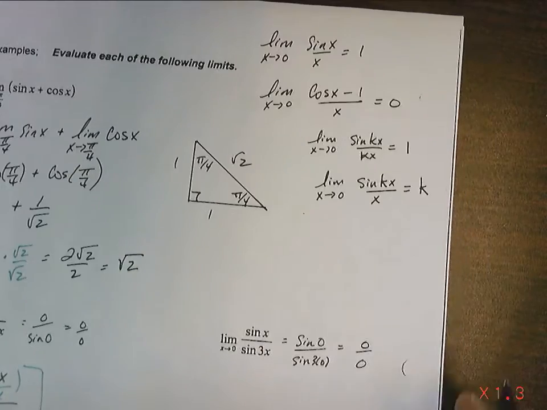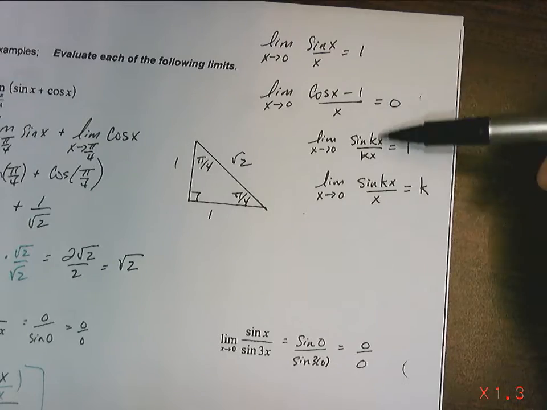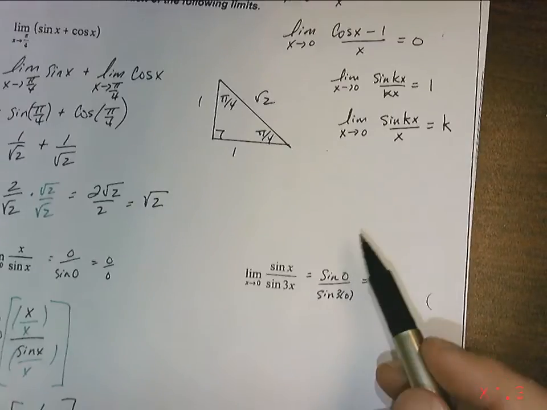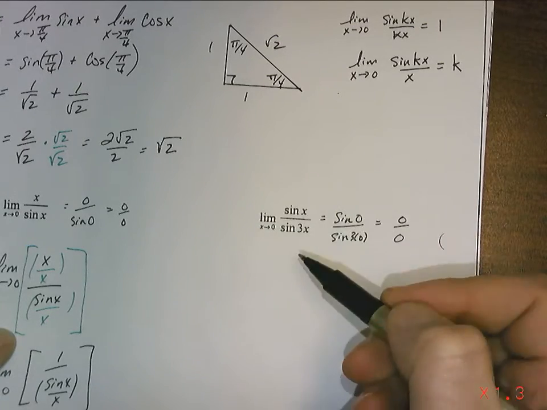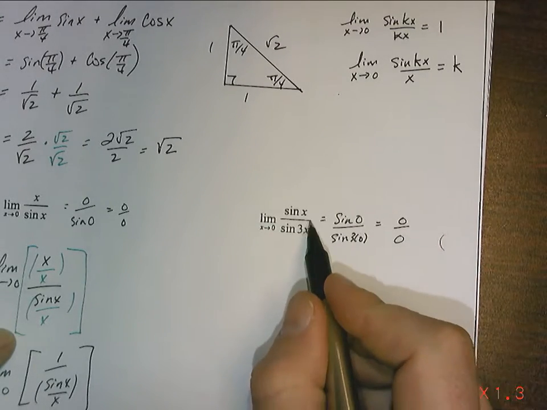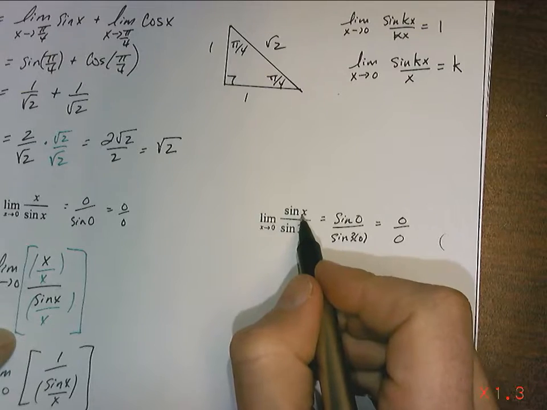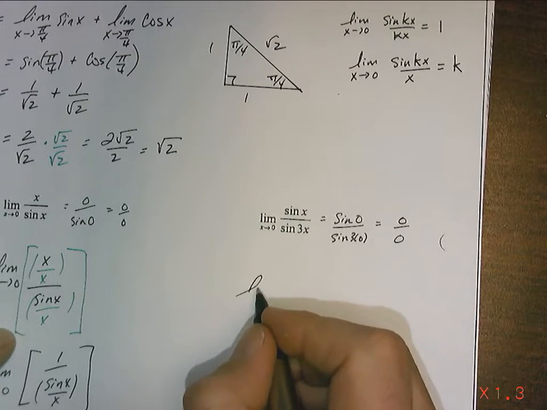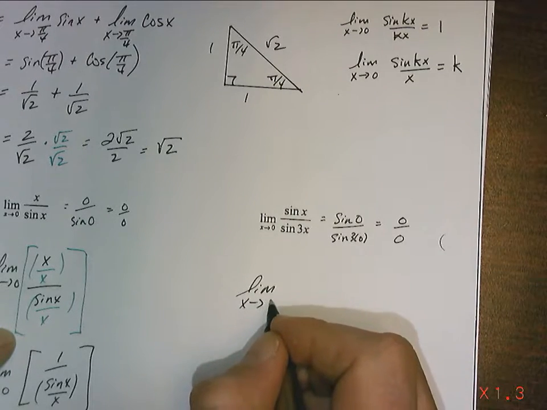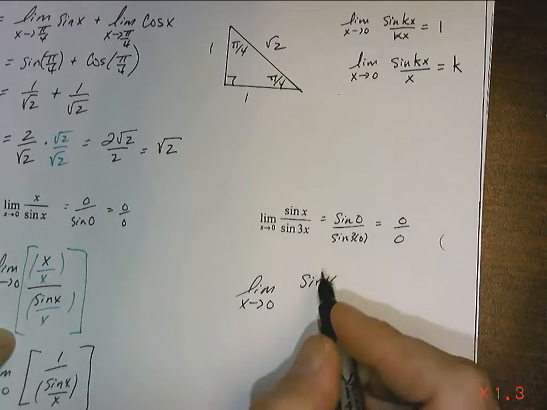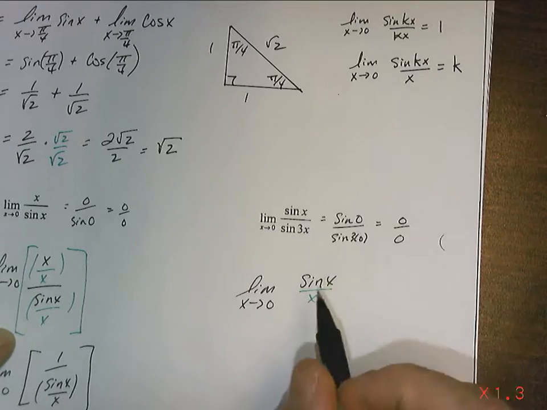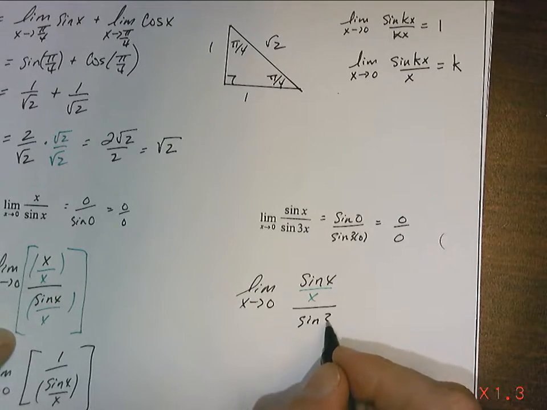Now, again, this is very familiar to some of these, and what I'd like to have is this argument here, sine of x and sine of 3x, on the bottom. Now, I'm not going to worry about getting 3x on the bottom because that's going to goof me up here, but look what happens here. If I divide top and bottom by x again, so I'm going to divide the top one by x, and I'm going to divide the bottom one by x.